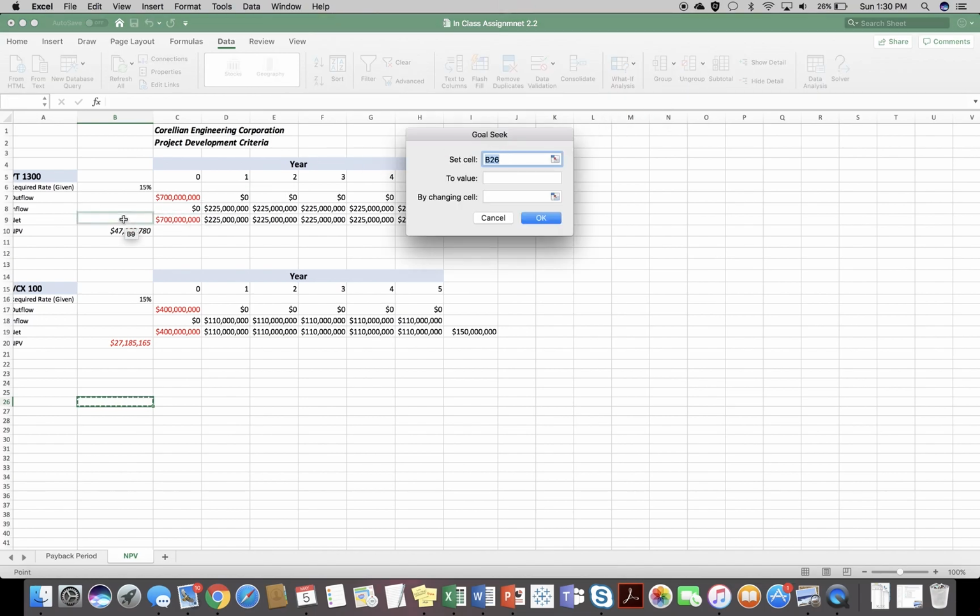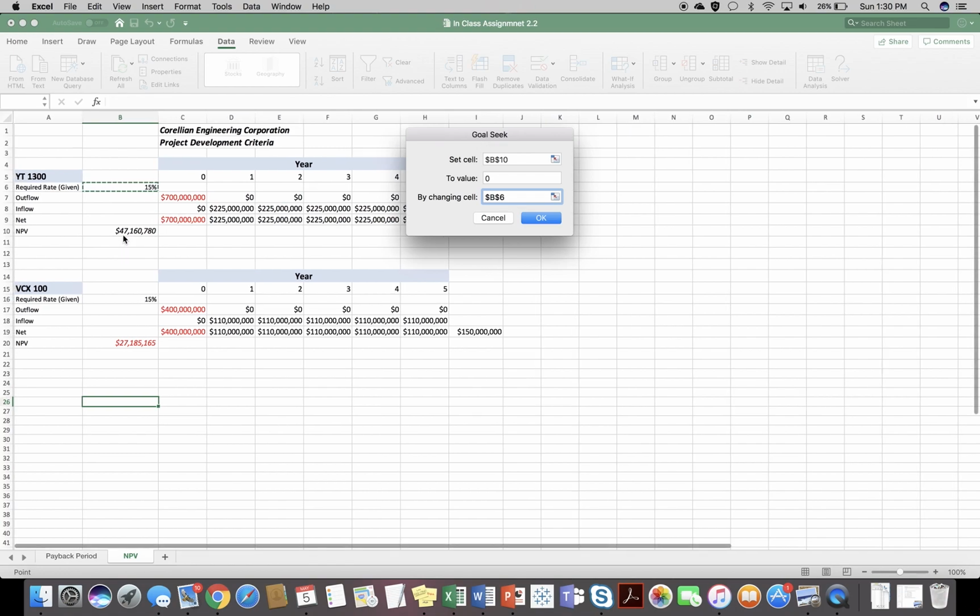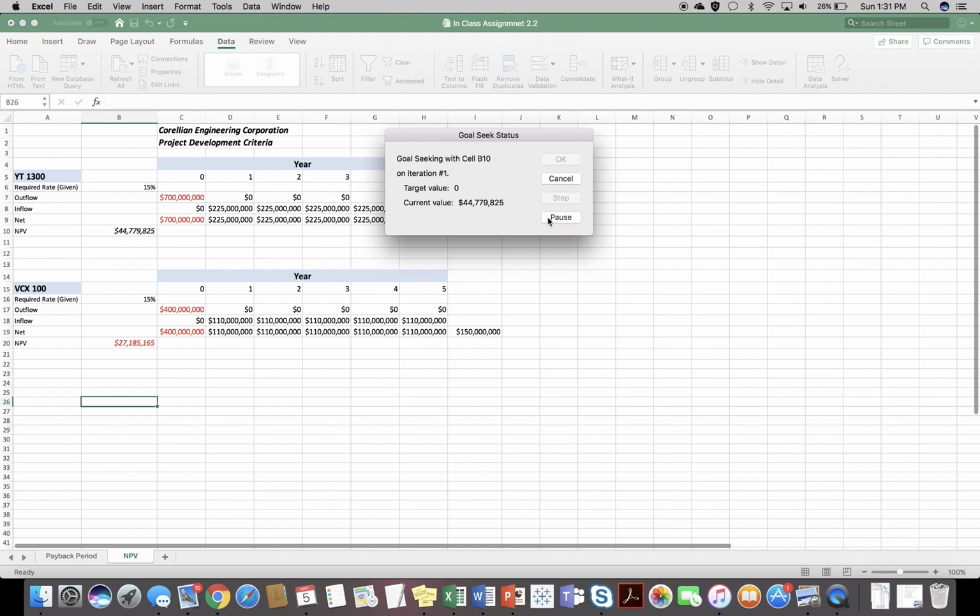And we're going to set our net present value to 0 by changing the required rate of return. Again, we set this number, the net present value, to 0 by changing the required rate of return. And that will tell us what we actually get on our money for the investment.